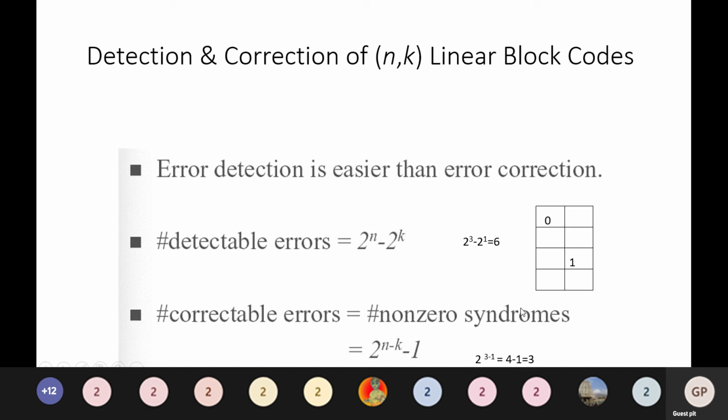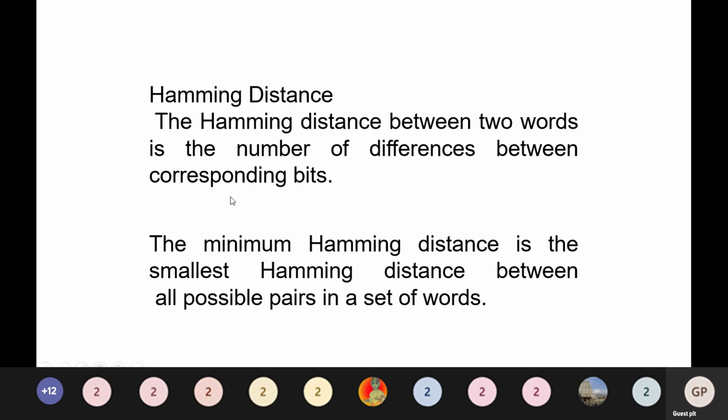Another important thing is you can have the repetition codes or the Hamming distance. The Hamming distance between code words is the number of differences between corresponding bits. Also, the minimum Hamming distance is the smallest Hamming distance over all possible pairs in a set of code words. You can also expect problems on repetition codes.